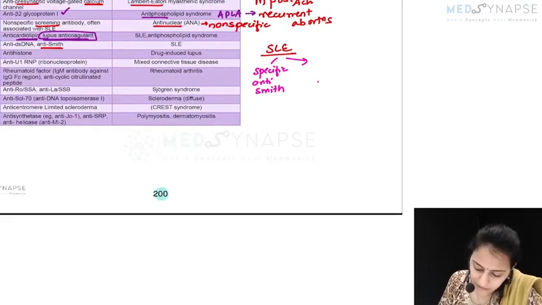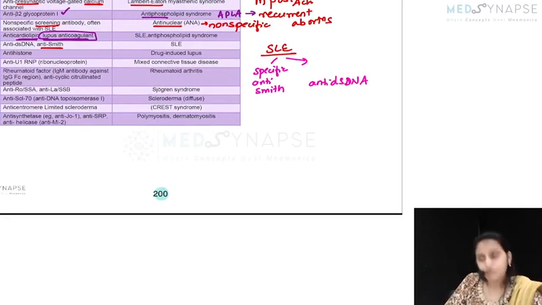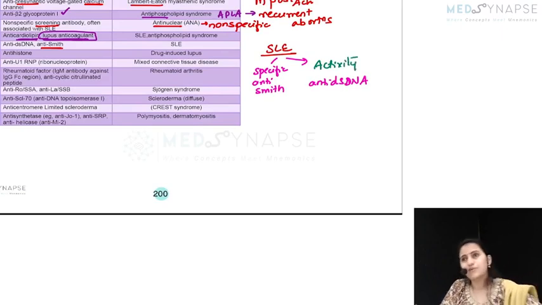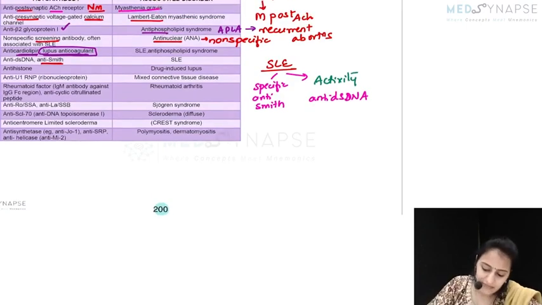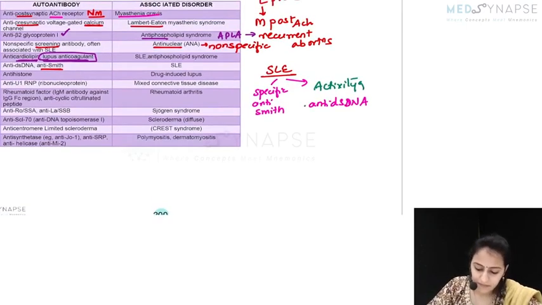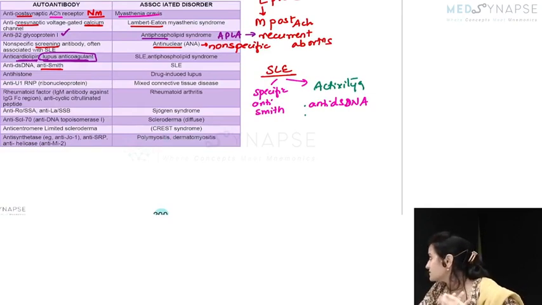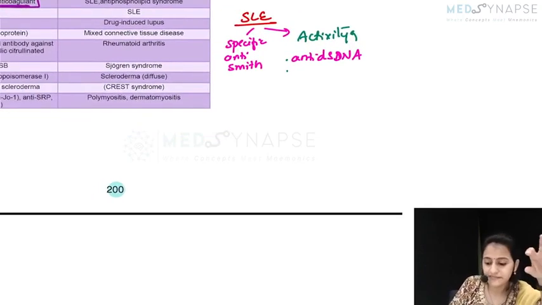And what is the role of anti-dsDNA? To look for the activity of the disease. You know whether the SLE is now acutely active. The dsDNA basically is for activity. So for activity of SLE, we do the anti-dsDNA and we can also look for what levels?